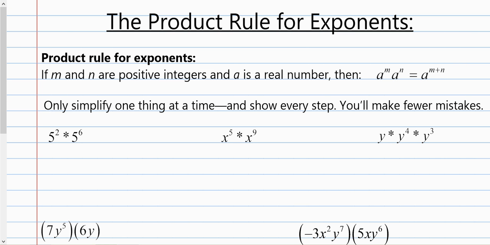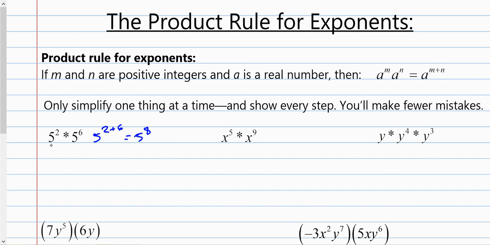You will be able to do many of these in your head. I strongly, strongly encourage that you show your instructor the step that you're doing in your head. So I could look at this and know that 2 plus 6 is 8, this is 5 to the 8th. But to receive full credit and to show everything that I'm thinking, I would like you to rewrite this as 5 to the 2 plus 6 equals 5 to the 8th.